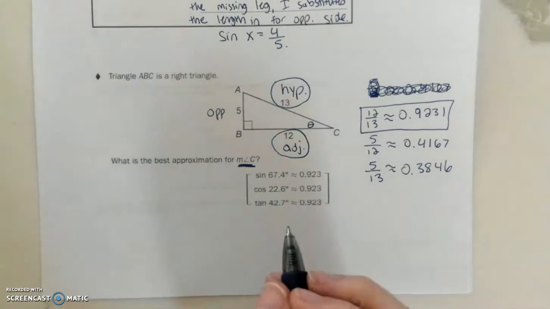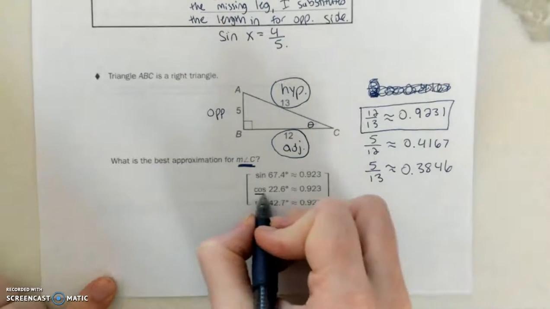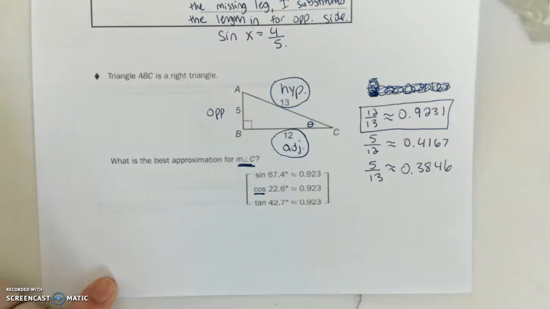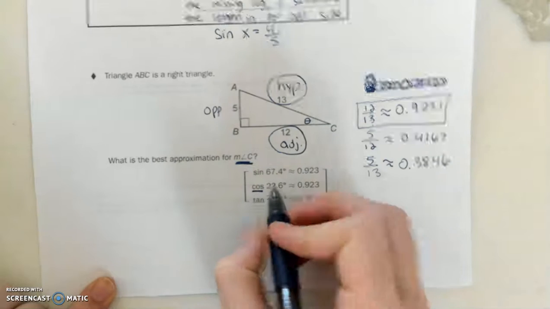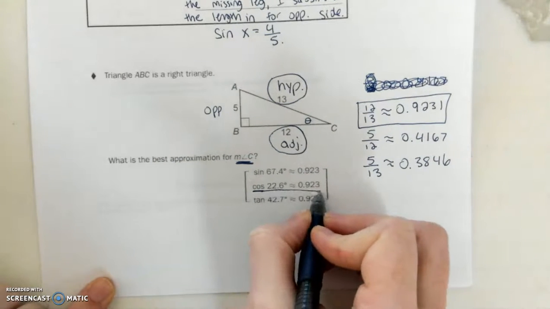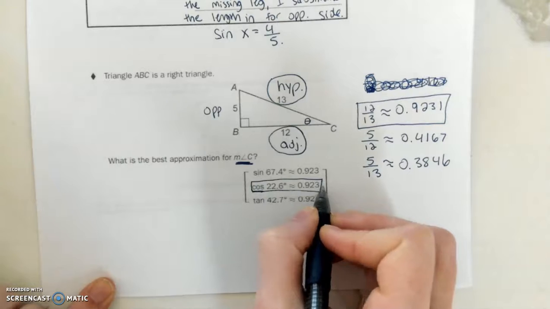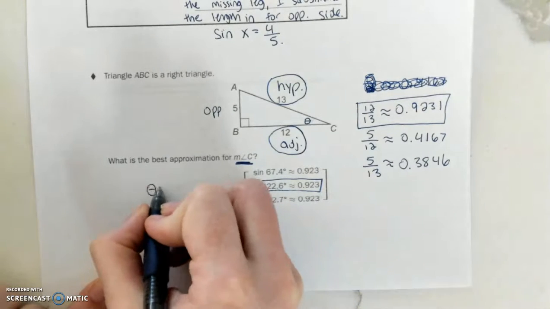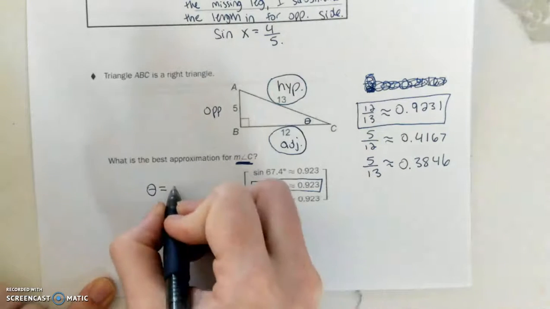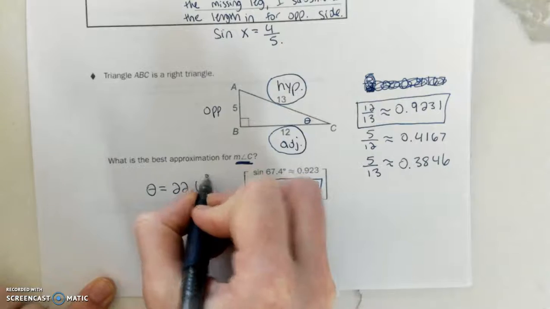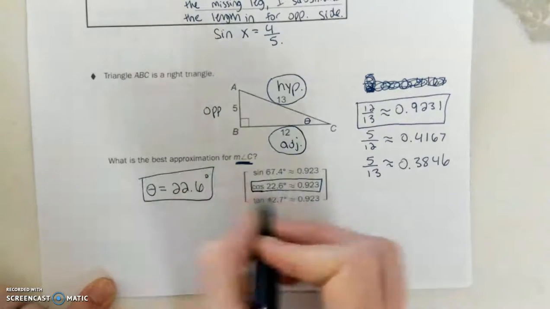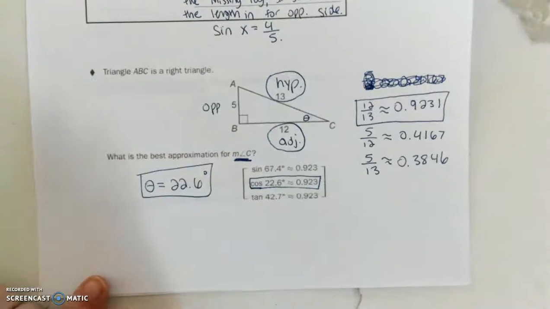So we're using cosine, right? Our only option here for cosine is our middle number. So cosine of 22.6 gives us an approximation of 0.923. That means theta must be approximately equal to 22.6, because that's the only one that works.